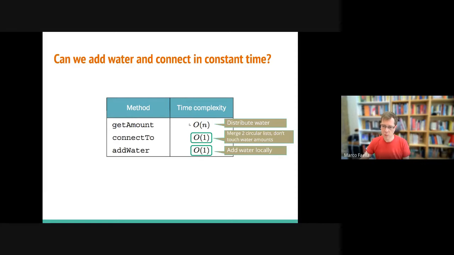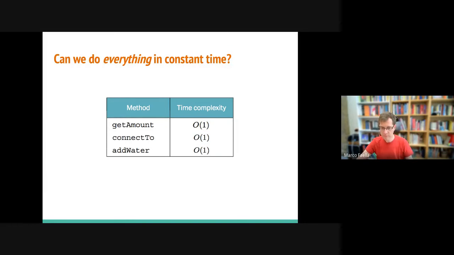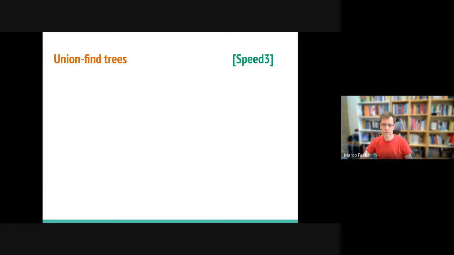As you can see, we are pushing all methods towards constant time, but we haven't managed to put all of them in constant time. So obviously, the ideal situation would be to have all three methods very fast, in constant time. Can we do that? Can we get this complexity profile? And the answer is no. But we can come very close to that.